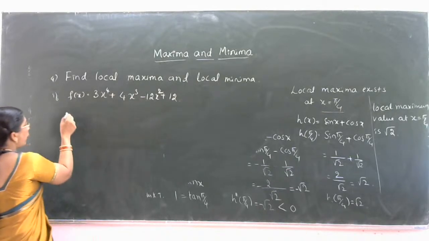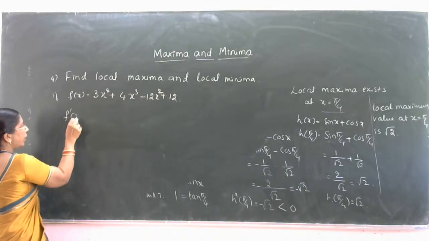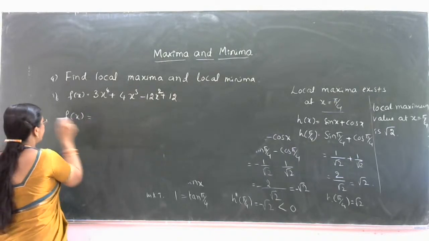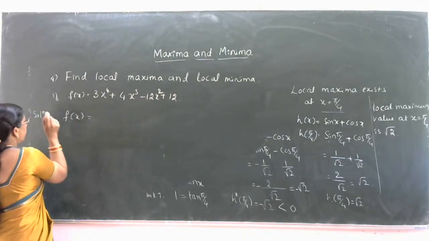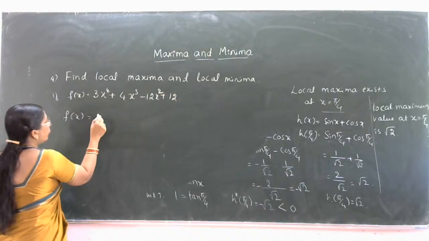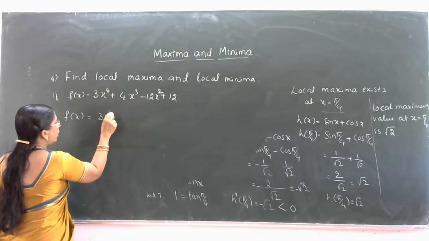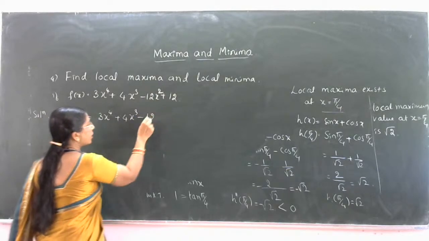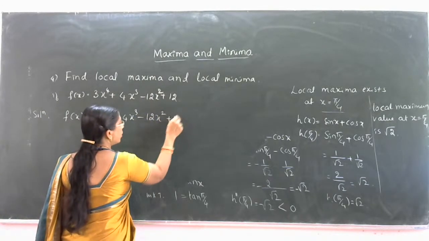Then here we find the f dash x. First we write the function, which is 3x to the power 4 plus 4x cube minus 12x square plus 12.